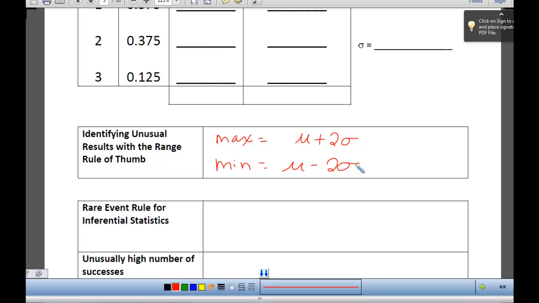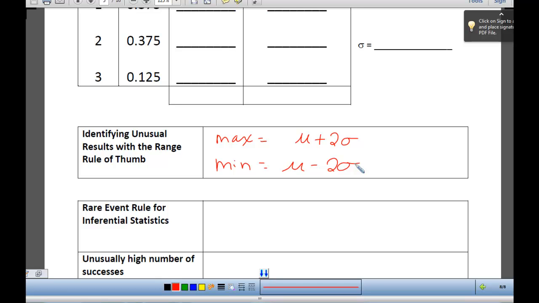So if this had to do with the number of cans of caffeine consumed daily, then we could figure out the typical values using this range rule of thumb.